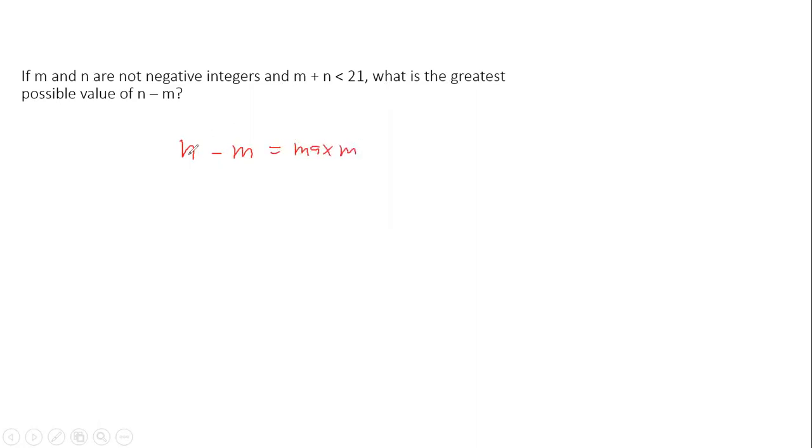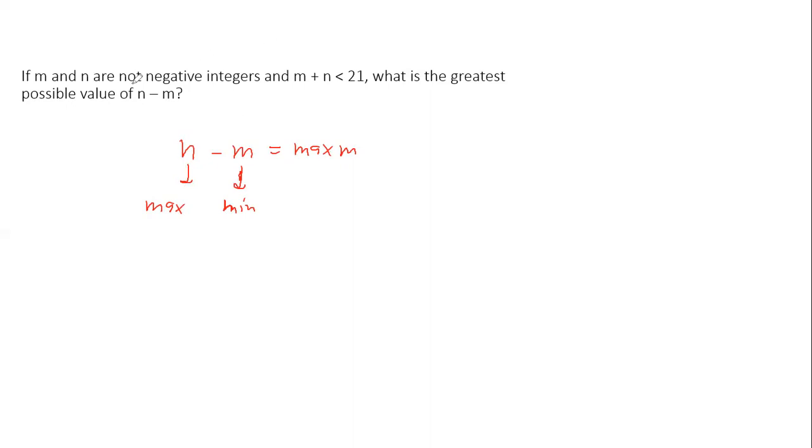Now ask yourself, when will that happen? When will the difference of two terms be maximum? It will only happen when m is minimum and n is maximum.